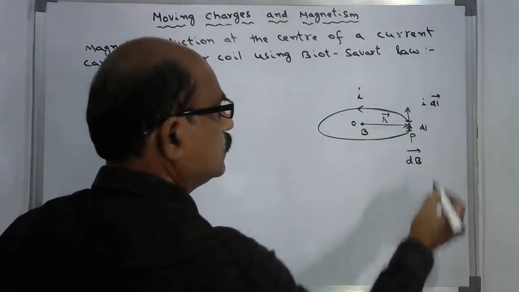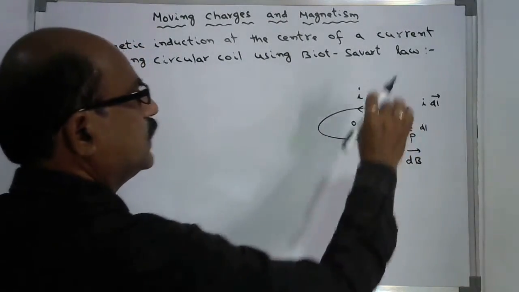So this is dB, the small element field produced at this point.